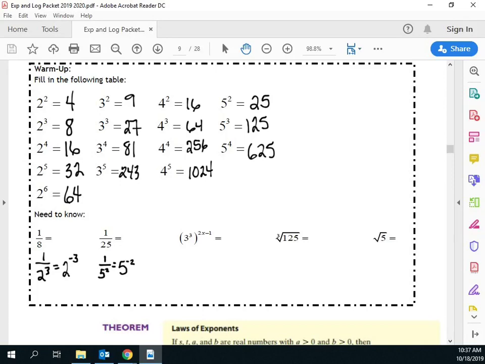So with the next one, what have we talked about, guys, in the past? With powers being raised to a power, what do we do with those two numbers? Exactly, multiply them. So we're going to take this 3 here and multiply it times 2x minus 1. So we rewrite it, guys, like that.